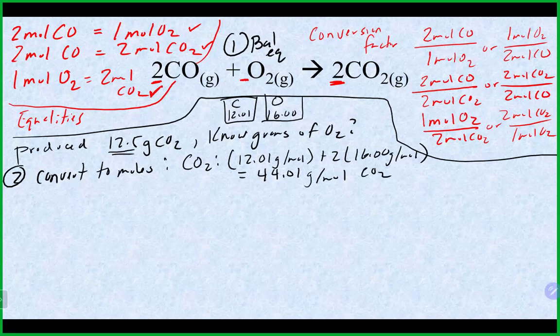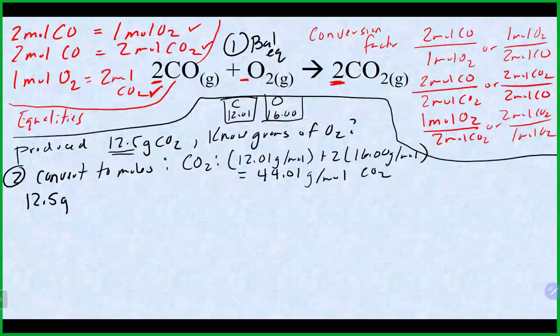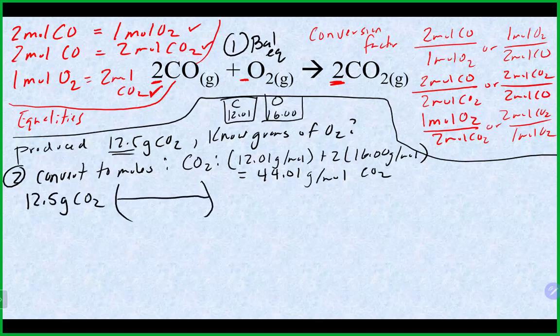By the way, the number always stays with the grams part, and it's always per 1 mole when you calculate the molar mass. So if I take my 12.5 grams of CO2, I want to use my molar mass where grams go on the bottom so that they cancel out, opposite location, and moles of CO2 go up on top. Again, we're multiplying and dividing here.